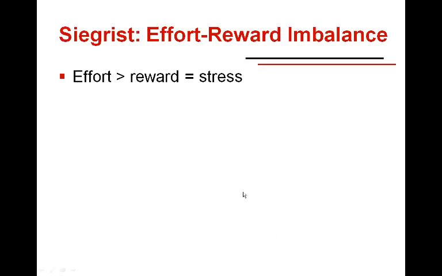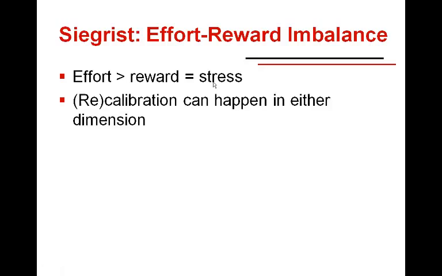When effort exceeds reward, this is considered imbalanced and producing a stress exposure. And the correction of that stress exposure can happen through calibration in either direction. So decreased effort to be commensurate with the reward, or increasing reward to be commensurate with effort.